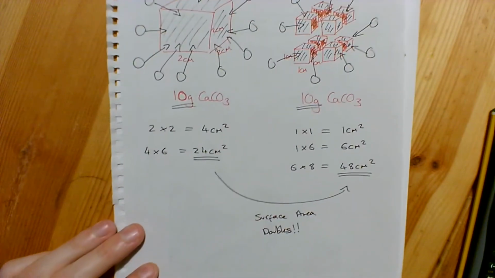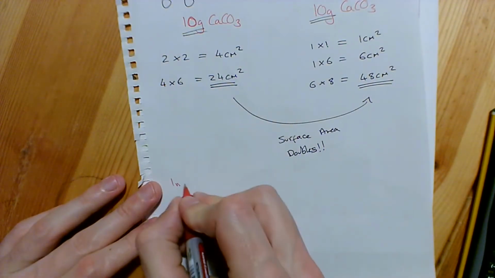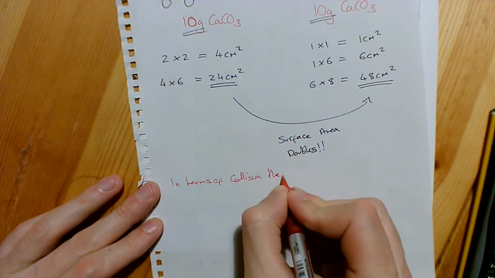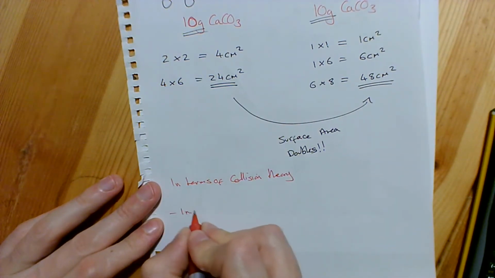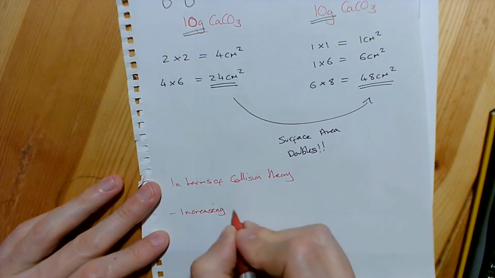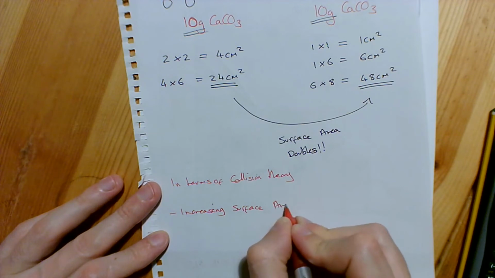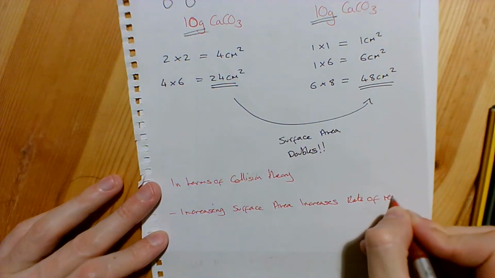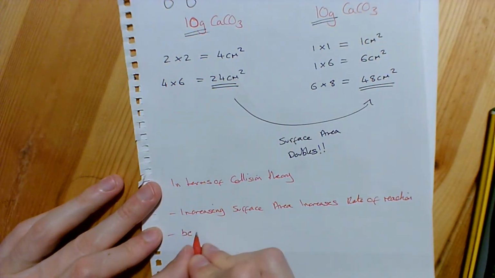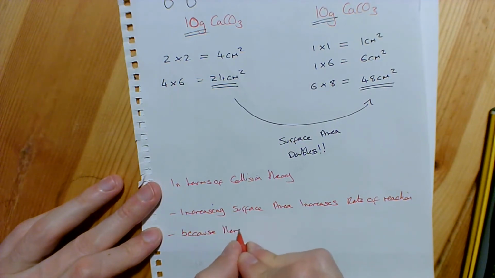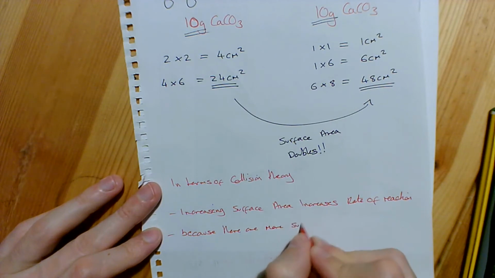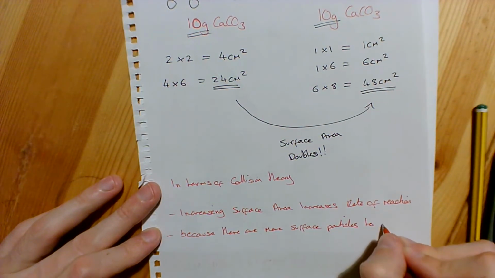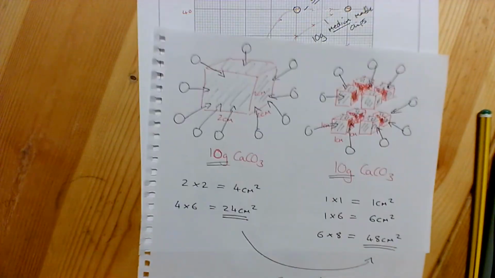Okay, so in terms of collision theory, increasing surface area increases rate of reaction, because there are more surface particles to react, because remember, it's only the particles on the surface that are able to collide.